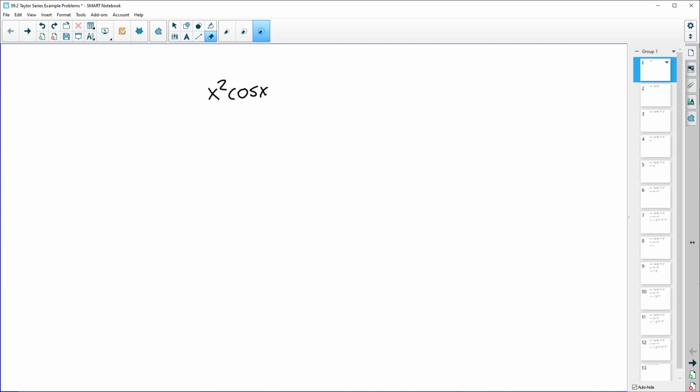To end, I want to review 3 more practice problems where we take a function and rewrite it as a Maclaurin series. So the first one that I want to talk about is x squared times cosine of x. I can write that as x squared times the sum of n equaling 0 to infinity of negative 1 raised to the n power times x raised to the 2n divided by 2n factorial.